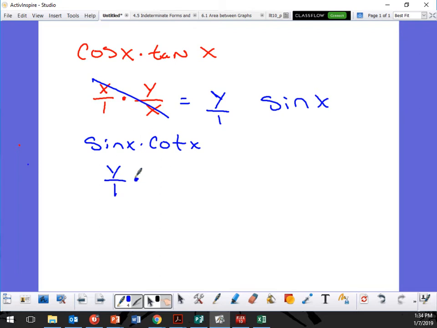Times cotangent, X over Y. Y's cancel out. That's what I needed. Just X, which comes out to be cosine of X. X over 1, right? Which is just cosine. This is what I was talking about. It comes out easy as long as you pay attention to a couple fundamental things.